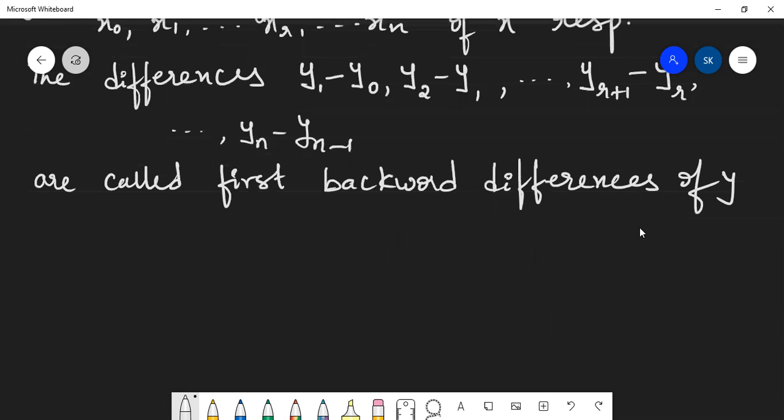How are backward differences represented? The symbol is in the other way. They are called first backward differences.